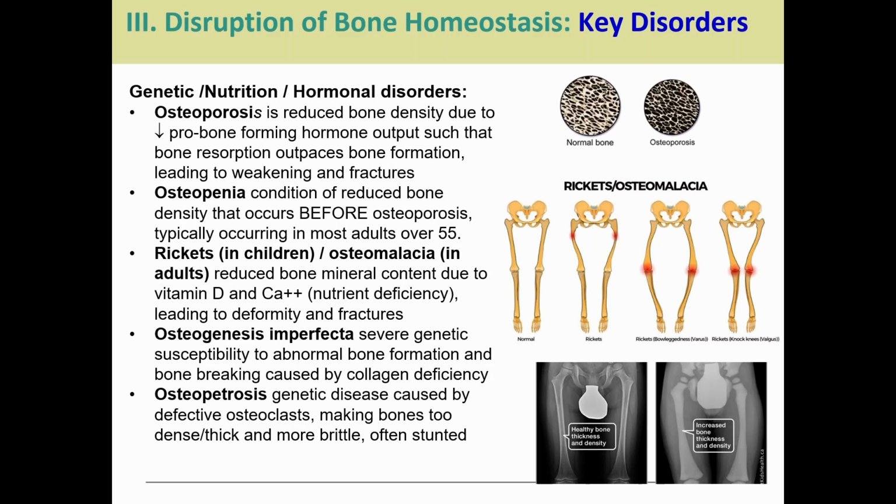Typically we think of age with this and certain factors along with age. So diet, so poor calcium intake, sedentary lifestyle, these are things that can impact your risk of developing osteoporosis.